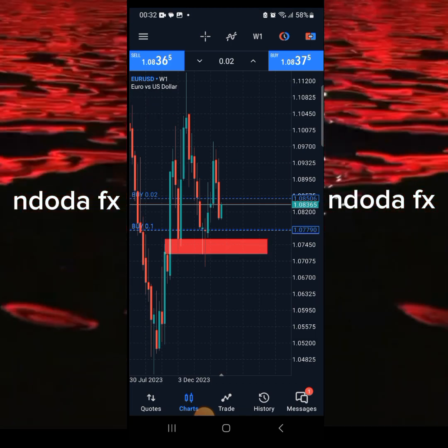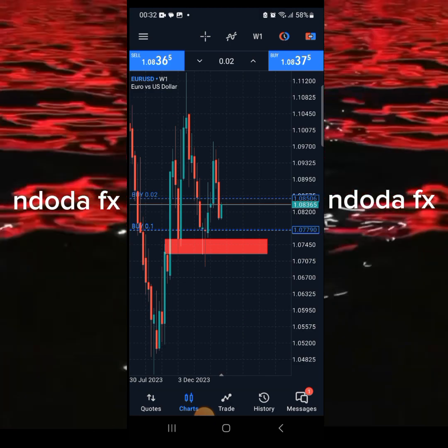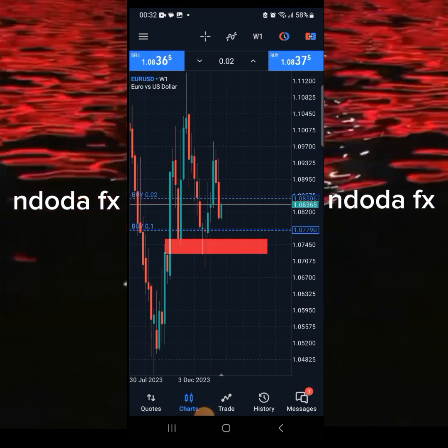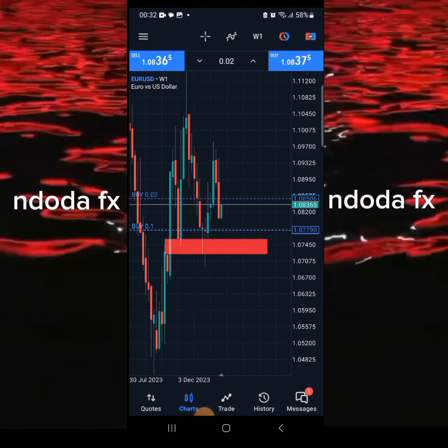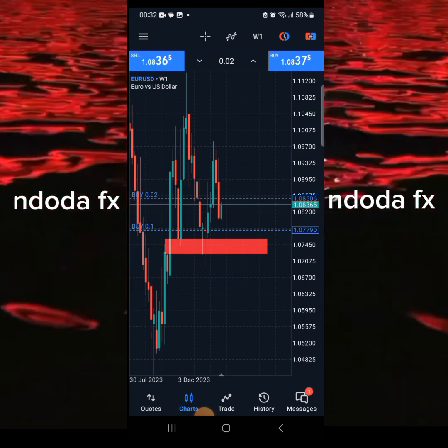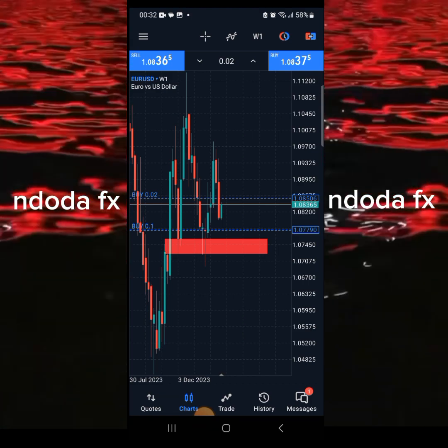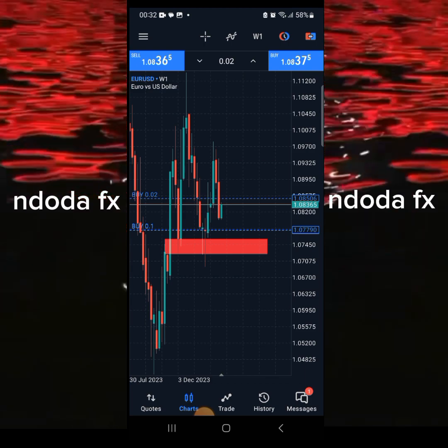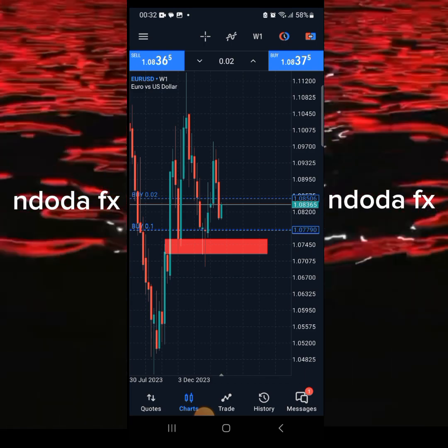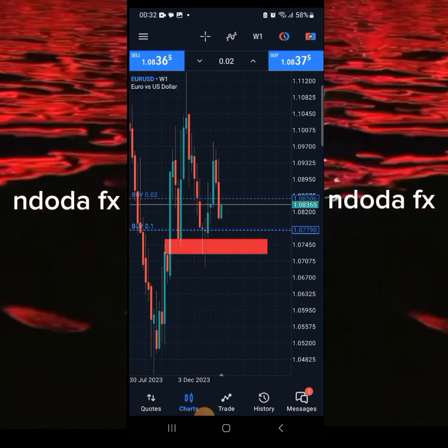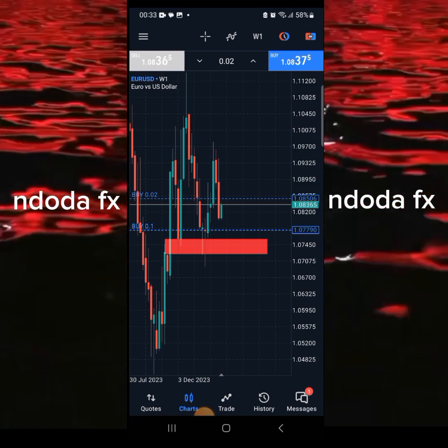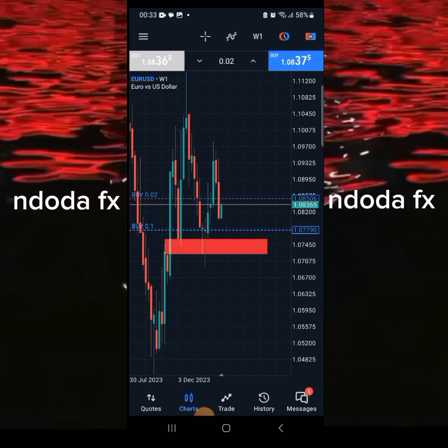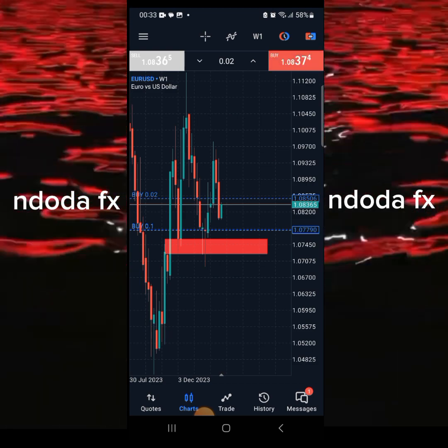A doji signifies a great potential for bulls to enter the market. Whenever you see a doji, you should know that either we're going in that direction or it's a signal for a reversal. So I'm just going to hold some more on this one.